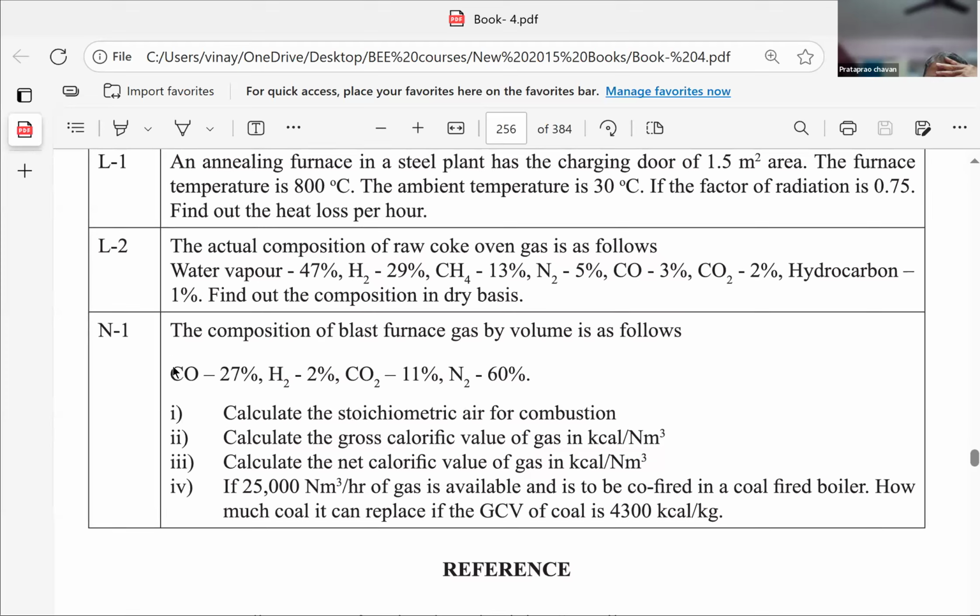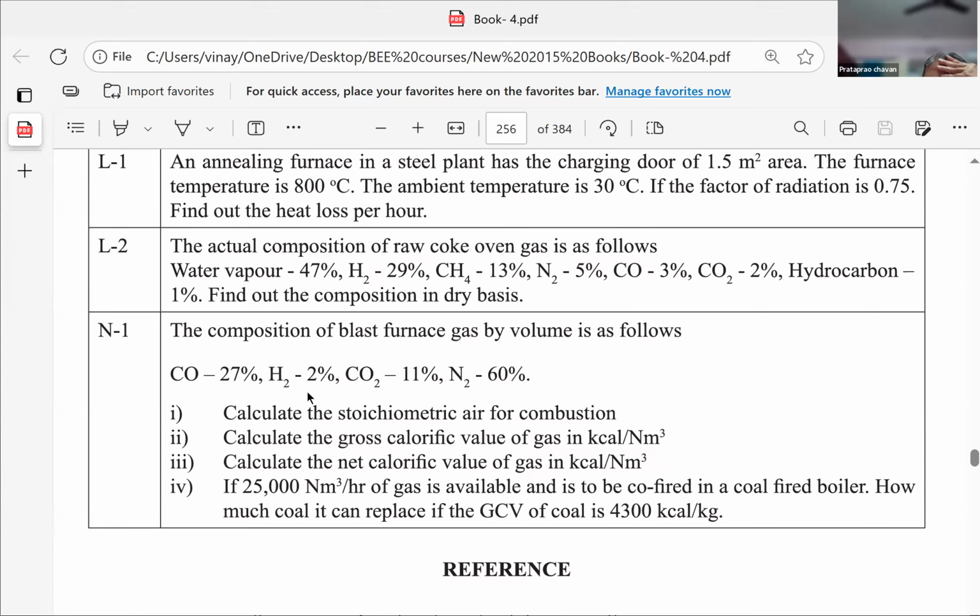If not, go again to book 2, chapter 1, fuels and combustion. Calculate stoichiometric air for combustion. That means what? This is an incomplete combustion. So you need to calculate the air correctly. That means if you want to convert this CO into CO2, how much oxygen is required?